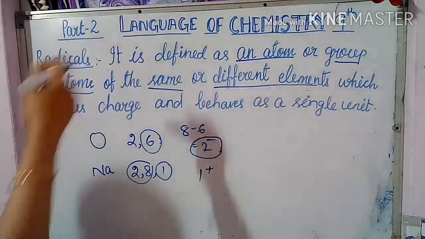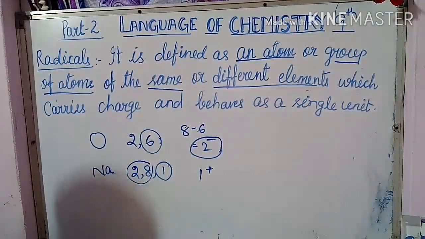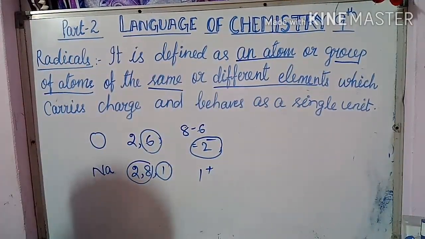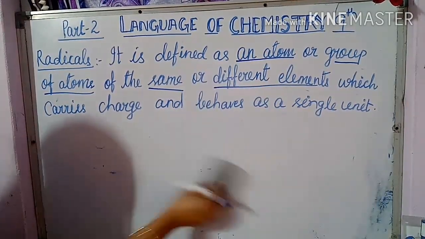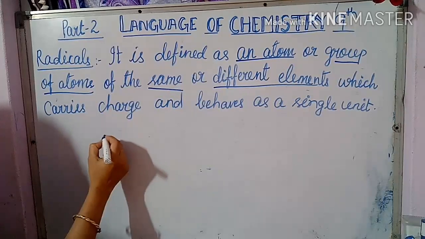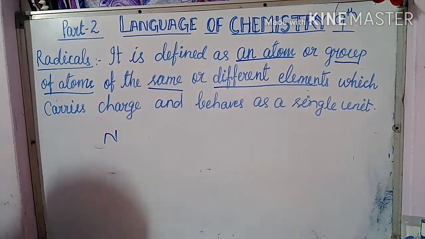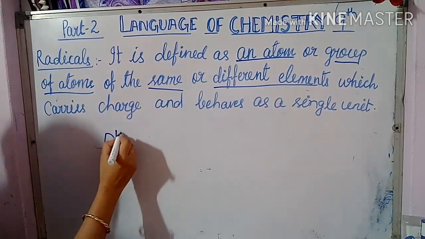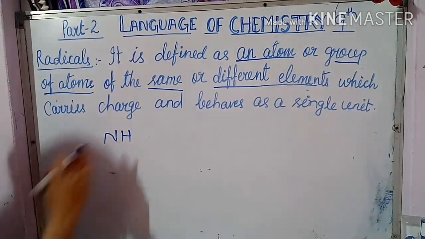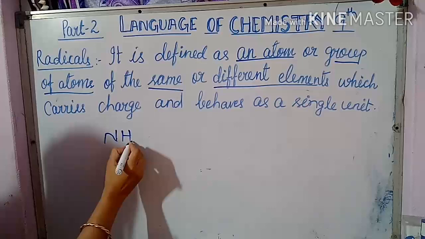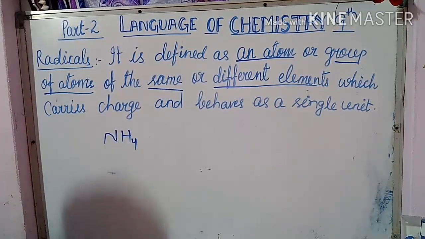Now go to the second part, a group of atoms, meaning how they make the group. Suppose one element is N, nitrogen, and another element is H, hydrogen. Now nitrogen and hydrogen make a group, that becomes the NH4 group.